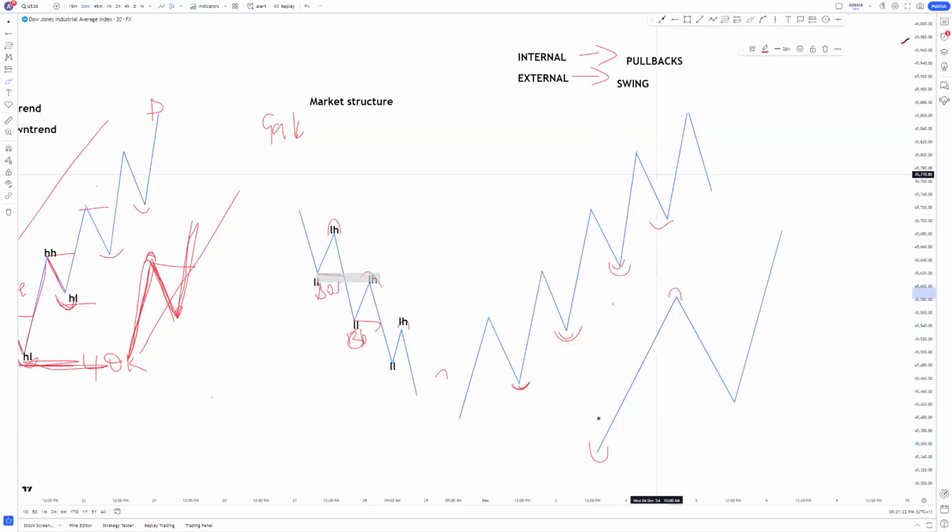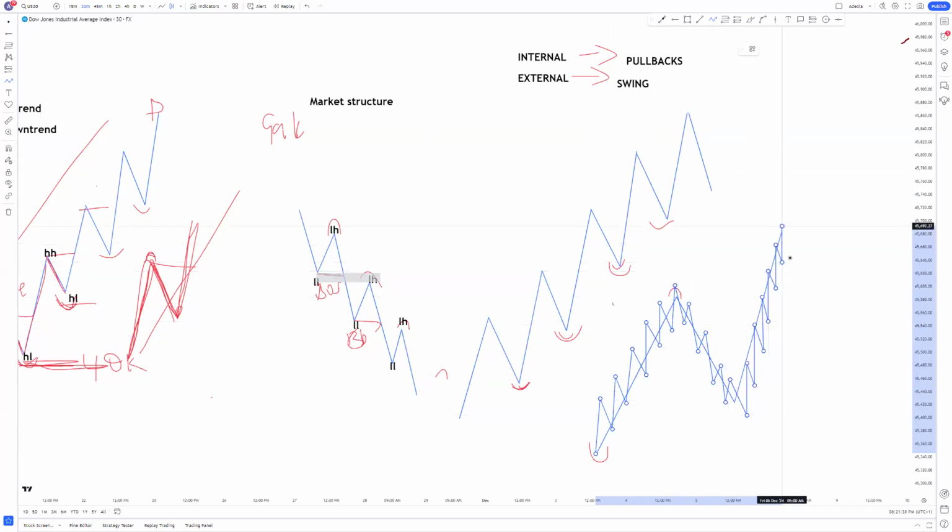We are going to have something like this. Price will still have to pull back. Along that line, we have something like this. Then we have something like this. Now, all of this, what are they? They are the internal structure.